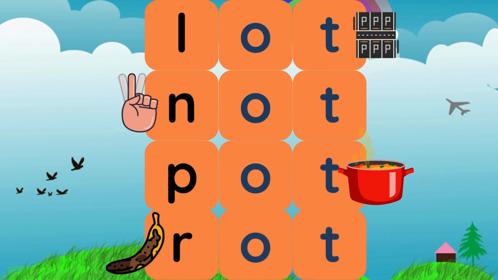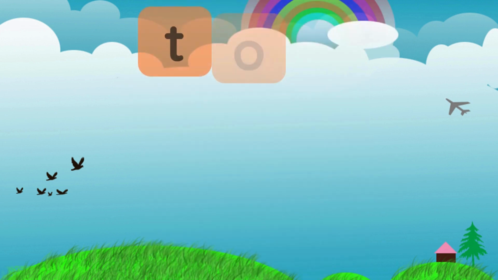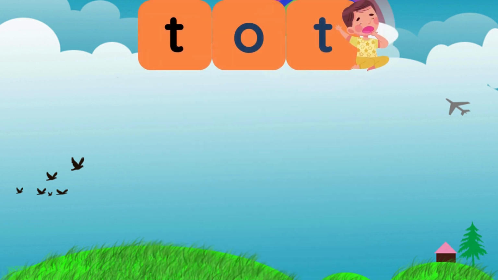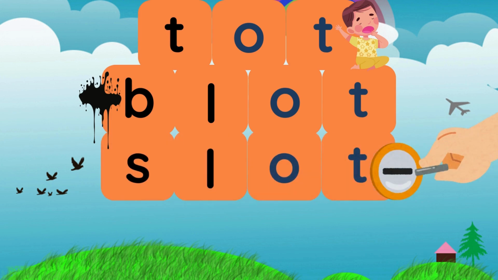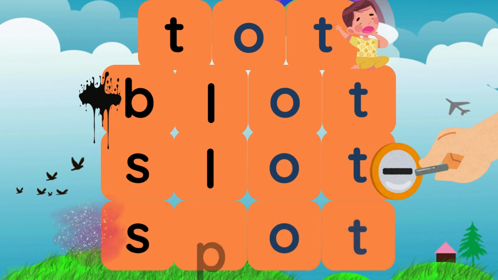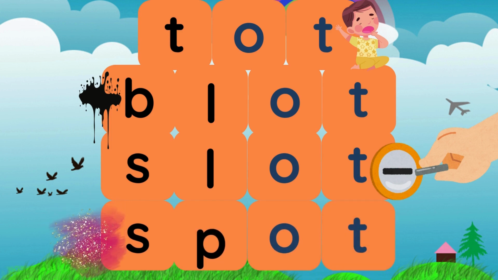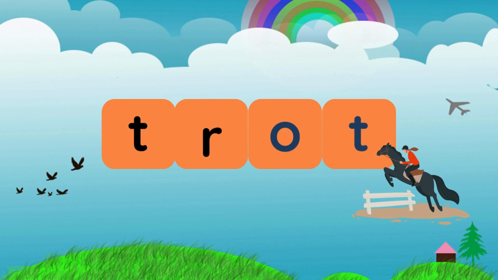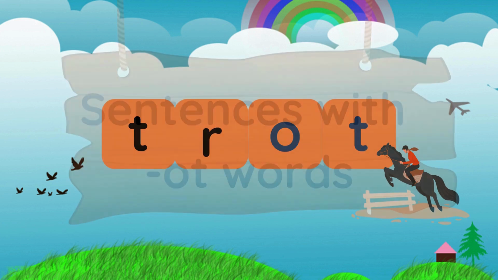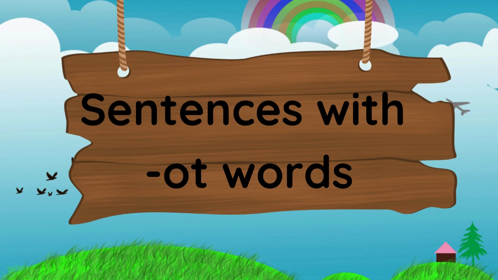R-O-T, rot. T-O-T, tot. B-L-O-T, blot. S-L-O-T, slot. S-P-O-T, spot. T-R-O-T, trot. Let's say "ot" words in sentences.